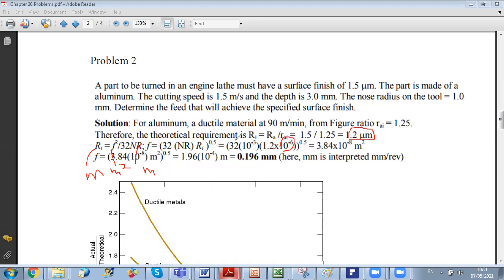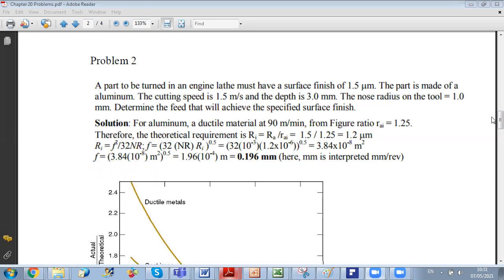The resulting unit of the feed rate will be in meters, and you can then convert it to the unit you want, for example millimeters. Here we have a turning operation, so the feed represents millimeters per revolution: for each revolution, how much we are advancing.